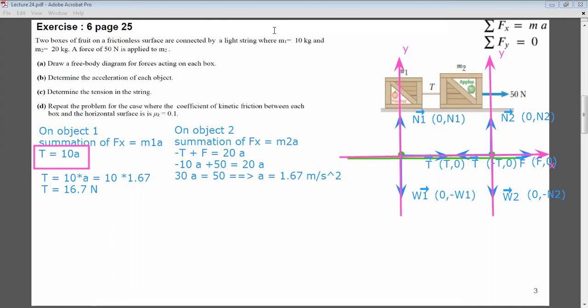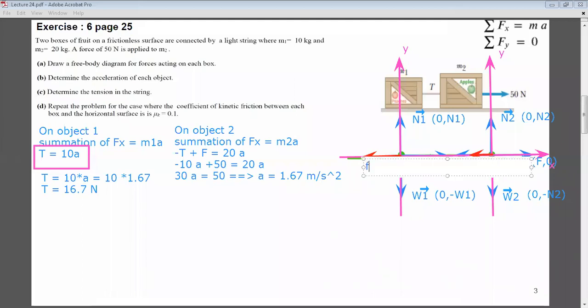Now there is friction, so I have to go back to my free body diagram and add friction. So now the first object has friction, and also the second object has friction. Okay, so I draw it in red in order to see it.